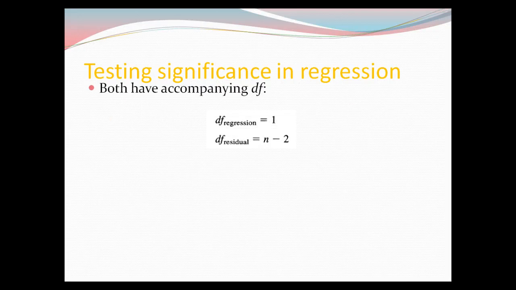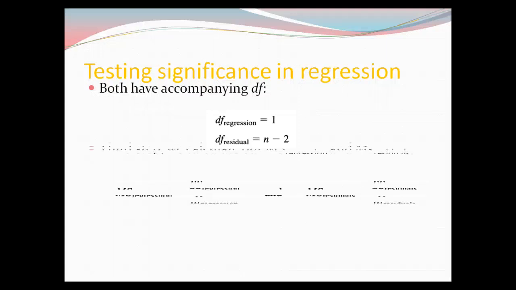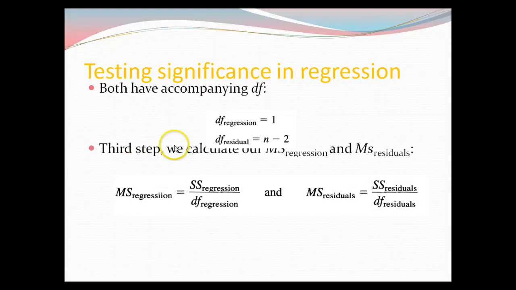Both have accompanying degrees of freedom. Degrees of freedom for the regression is 1, and the degrees of freedom for the residual is n minus 2. Third, we calculate the mean square regression and the mean square residuals.